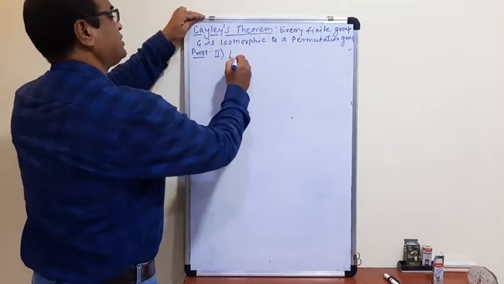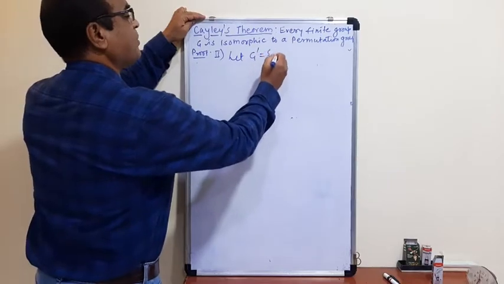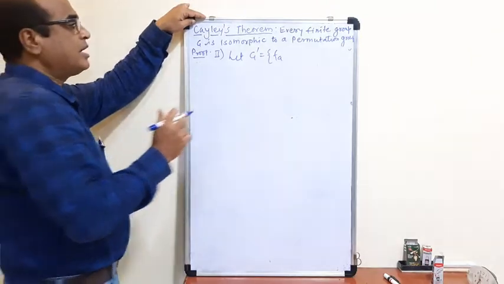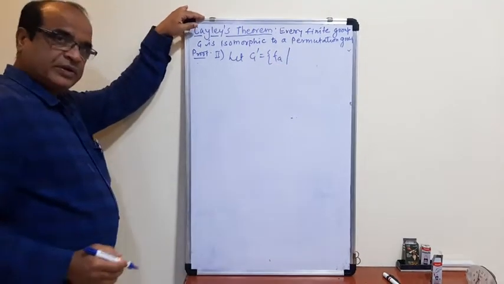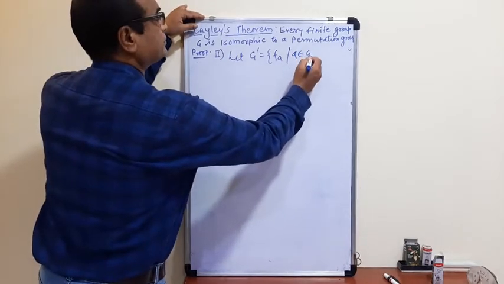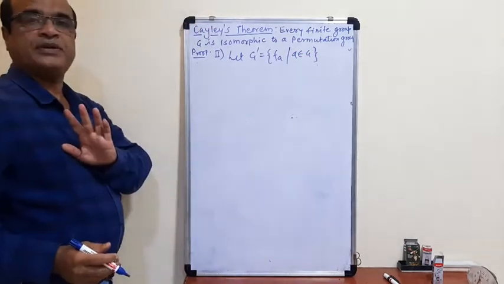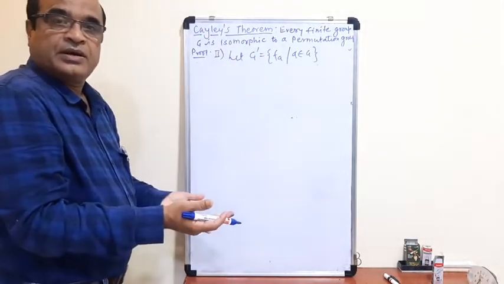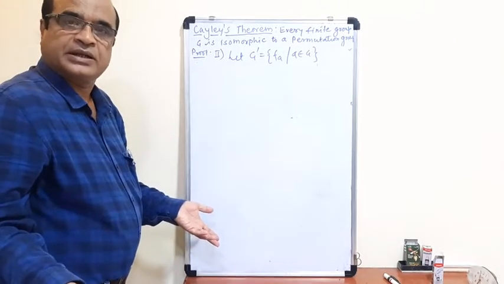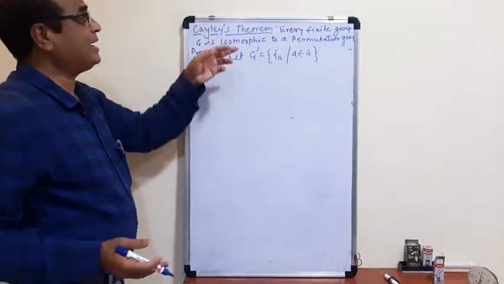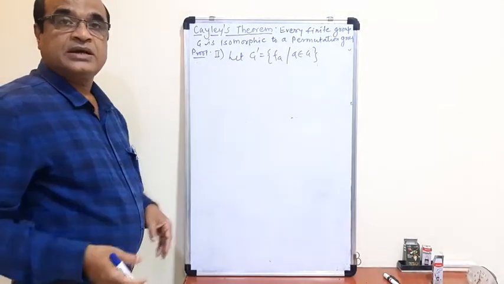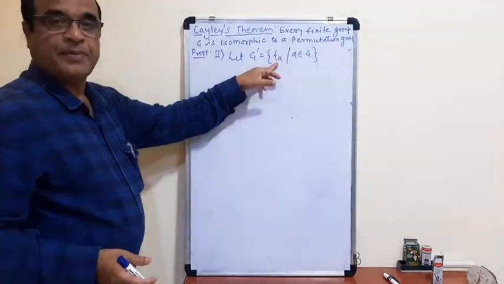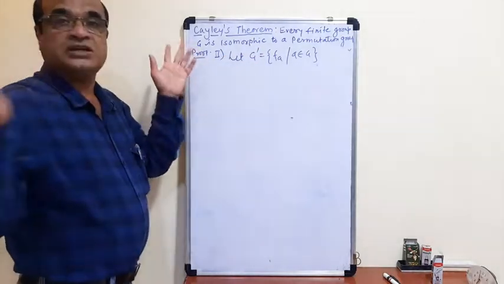Let us define G dash as the set of all permutations f_a, where a belongs to G. So we just write the definition of what f_a is. f_a is a permutation and G dash is the set of all permutations. There are n factorial permutations, n factorial because in G there are n elements. So G dash has n factorial elements. f_a is a permutation and G dash is the set of all such permutations.